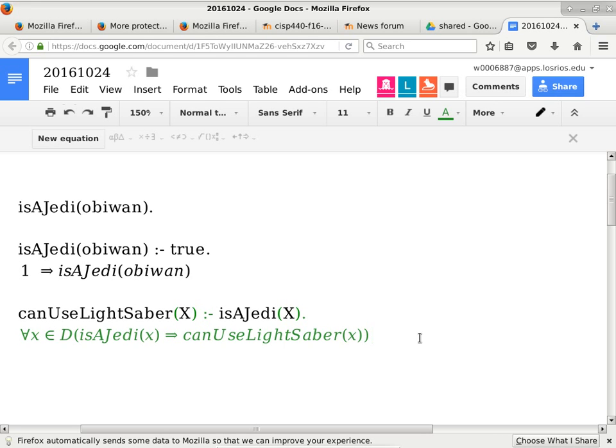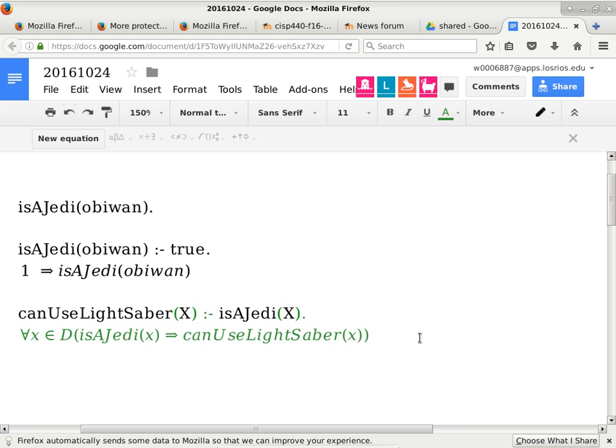Yep. Why are you using D as a set? D is our domain. It is somewhat redundant because every time we refer to some variable, it has to be an element of the universe of discourse or the domain. But D is really our domain.